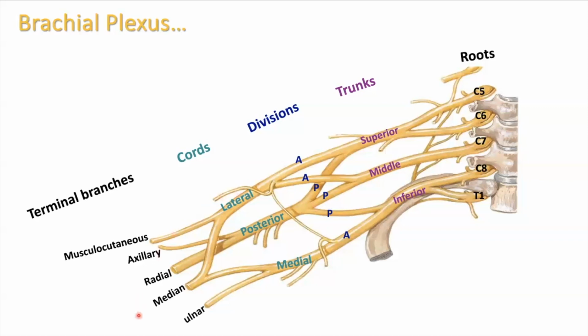So median nerve has contributions both from lateral cord and medial cord. When we see musculocutaneous nerve, median, and ulnar nerve, they make a capital M. So you can use this capital M in cadavers or in models to identify these three nerves: musculocutaneous, median, and ulnar.